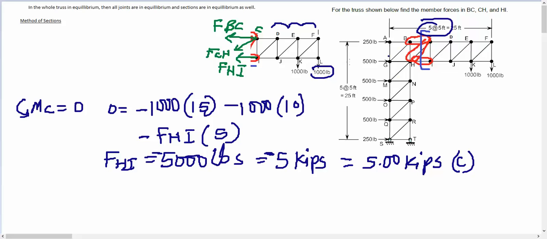Now we can also solve for FBC because these two forces here will be acting on the same point of action at H. So doing the sum of the moments at H, these two force members here will cancel out, and that will leave us just with FBC.